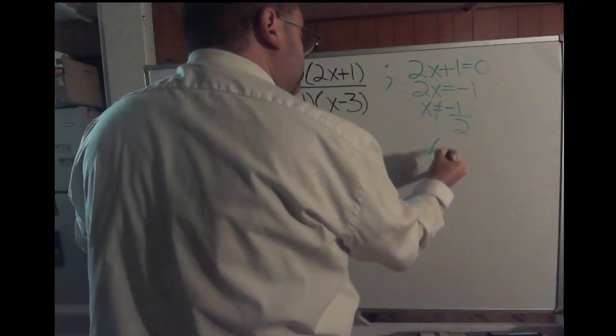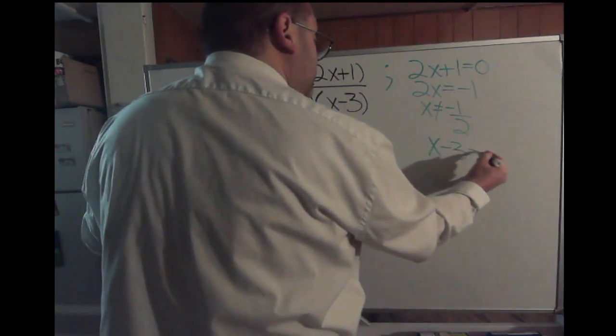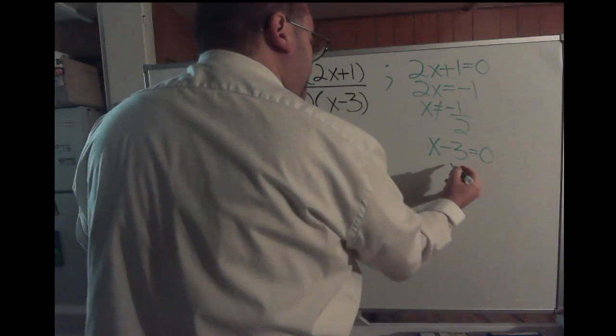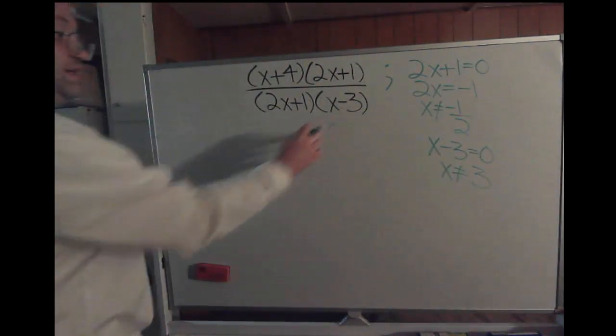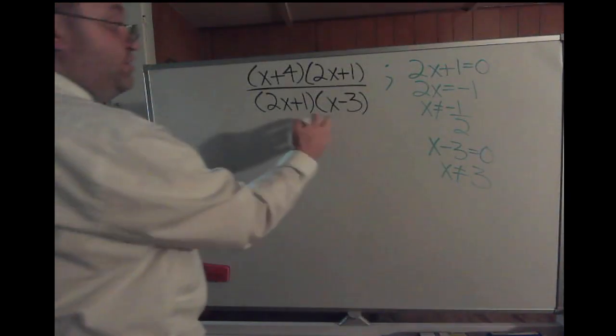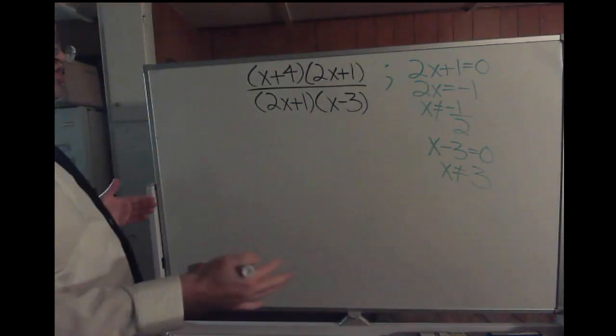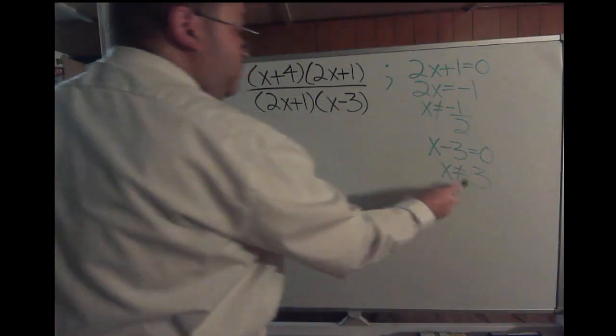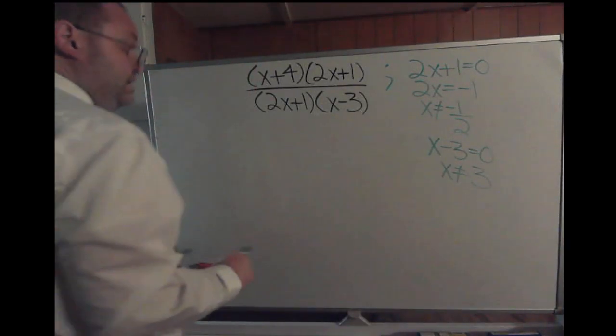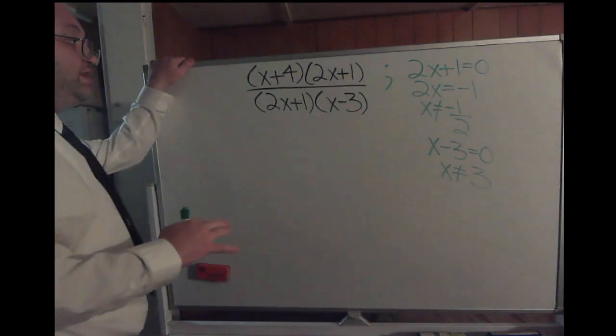Then take your x minus 3, set that equal to 0. That would have x equal to 3, which means it can't equal 3, because if x equals 3, you also have a 0 in the denominator, making the expression undefined. So x cannot equal -1/2 or 3. Those would make the expression undefined.